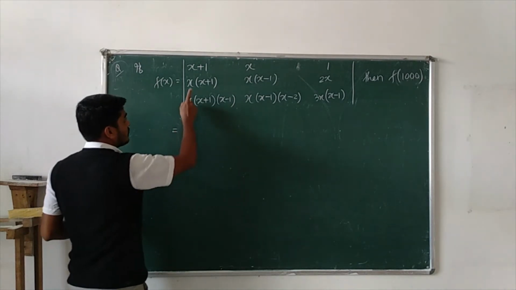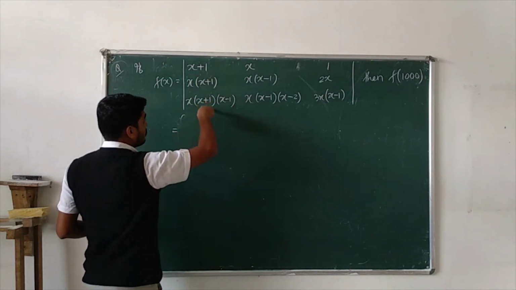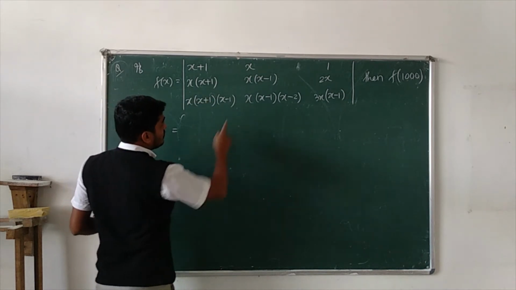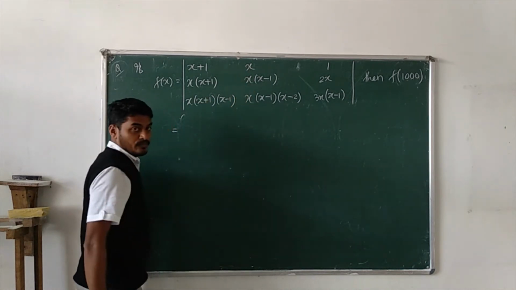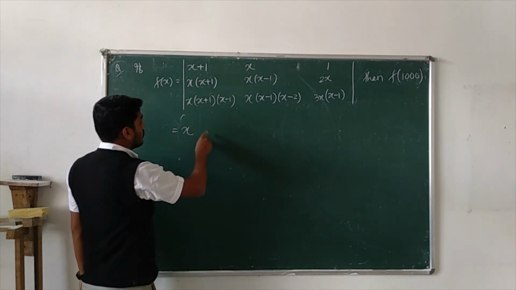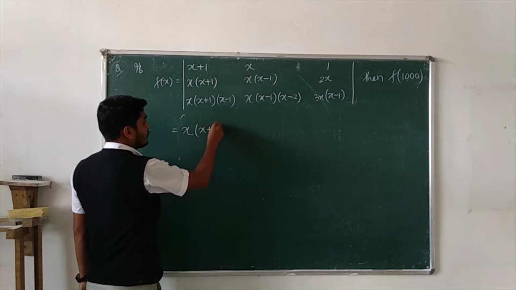First of all, from the observation we have come to know that from the second column x is common, and from the first column x plus 1 is common.